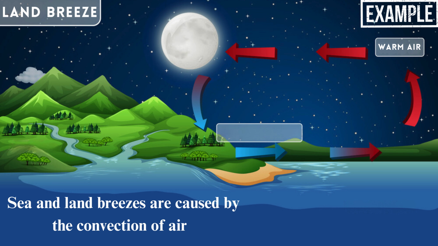What happens? The sea becomes warmer because of sunlight, and the particles move upward, and the warm air goes back towards the area where the people are living, and afterward the cool breeze starts there.